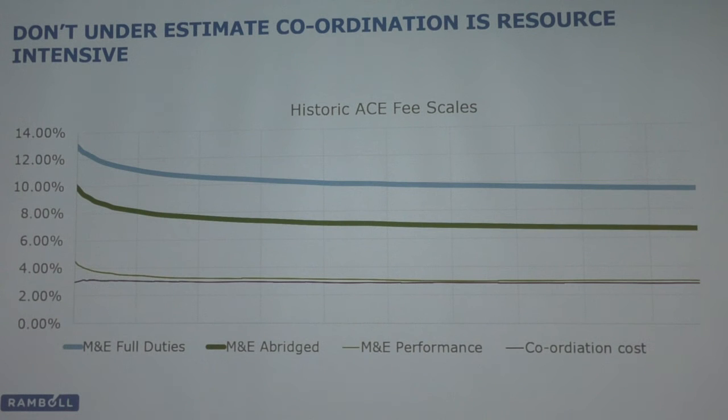And we seem to have lost a bit of understanding of that, because that's why you've got an optional service within ACE, and you add a premium on the service that you were giving people. And full duties with coordination gives you anywhere between 2.5 to 3, maybe even 3.25% of the MEP value in coordination.